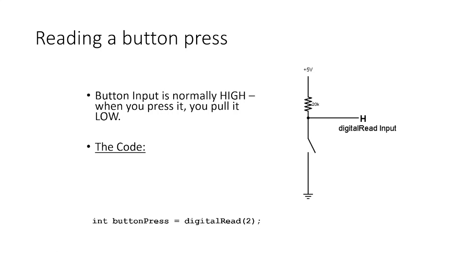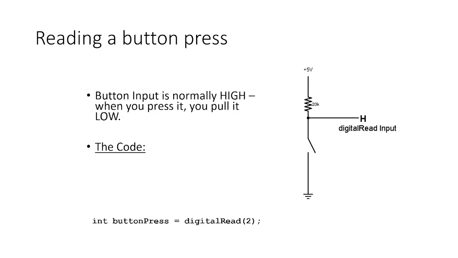Okay, so as you can see, the button is connected to 5 volts. One side of the button is connected to the ground of the Arduino, which is the GND. We are going to do this by the way, and the other side is connected to the digital input pin.